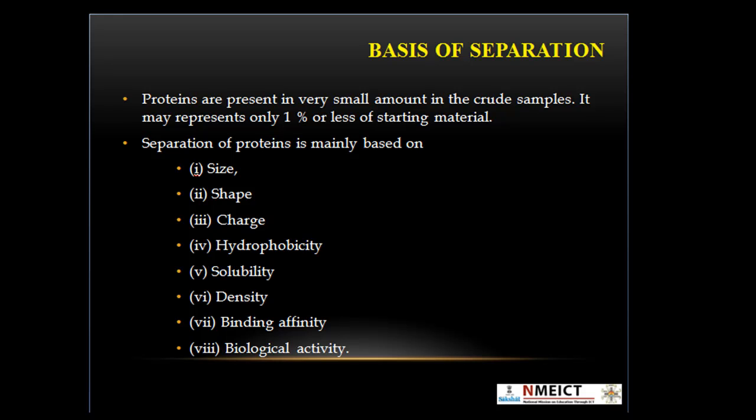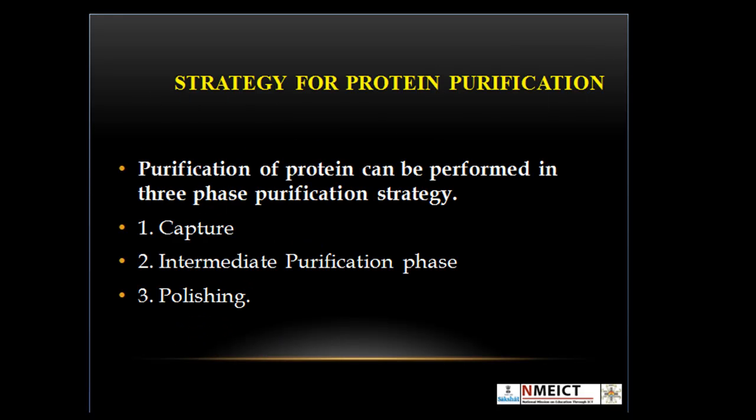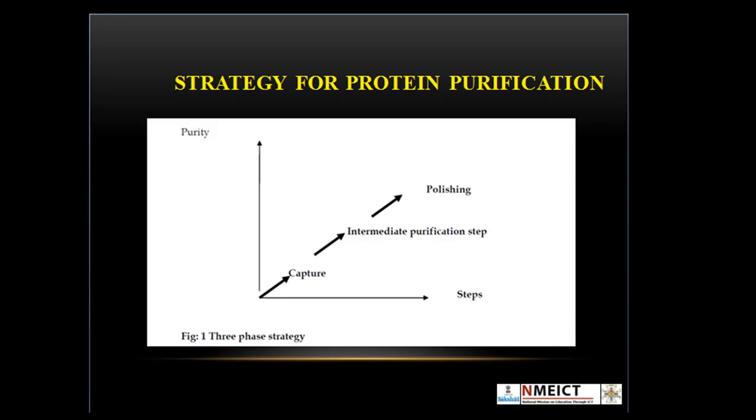Let's learn the strategy for protein purification. Purification of protein can be performed in a three-phase strategy: capture, intermediate, and polishing. In the capture phase, proteins are isolated, stabilized, and concentrated.